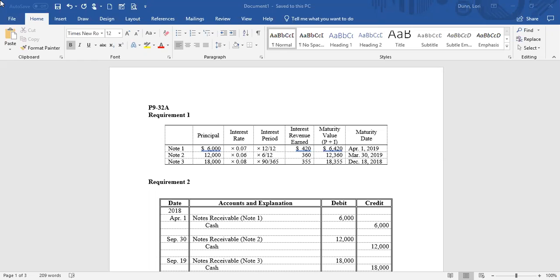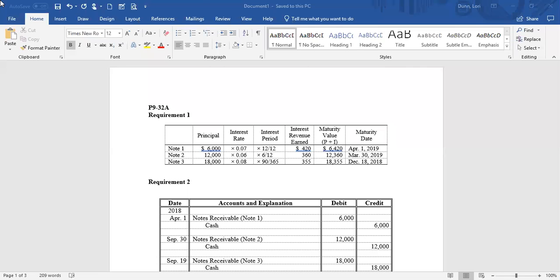Finally, on note 3, we will take the principal of $18,000. 8% is an annual interest rate. Our term is in days. So that 8% is, if we had to calculate interest for 365 days. We don't. We only need to calculate for 90 of 365. So we multiply it by the fraction 90 over 365 days.